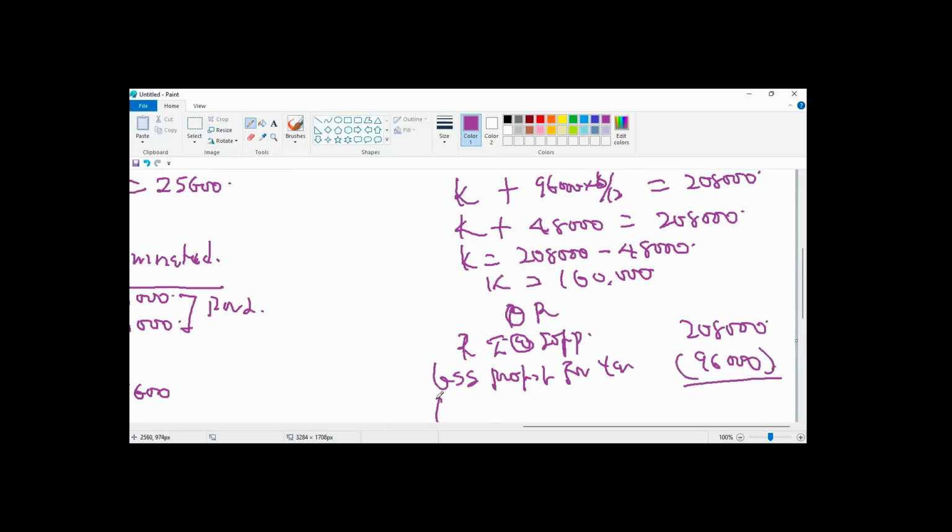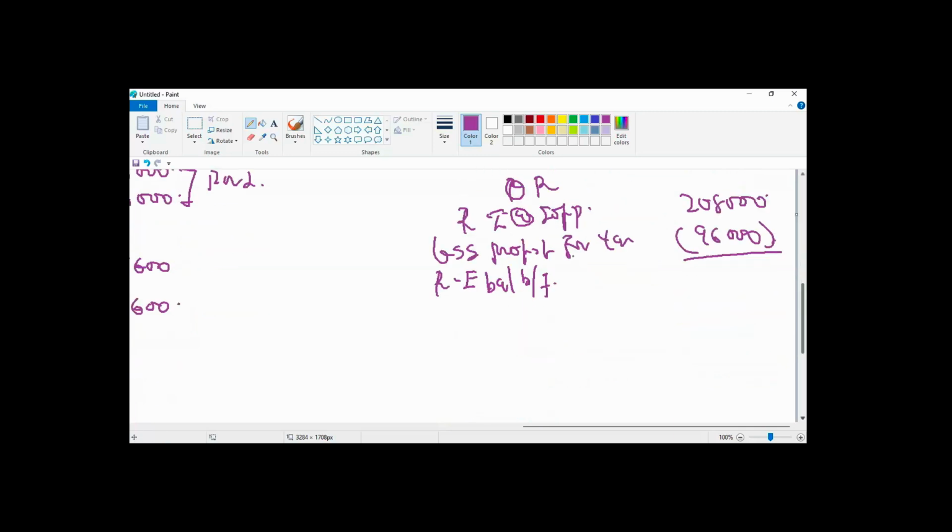This will give me retained earnings balance brought forward at the beginning of the year. At start of the year, when we start business, this is what is in our accounts. Retained earnings balance brought forward, 208 as at the beginning of the year. 208 minus 96,000 is 112,000.